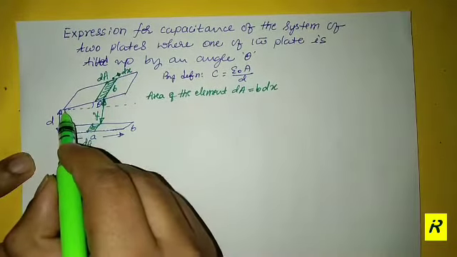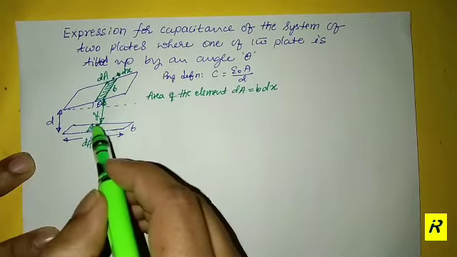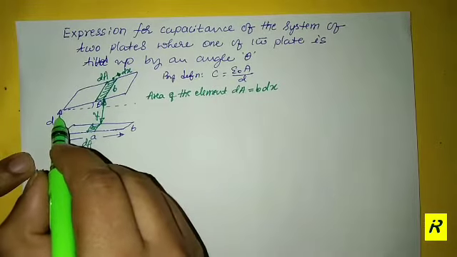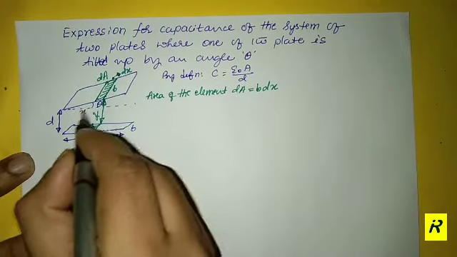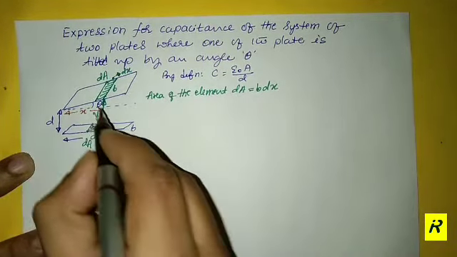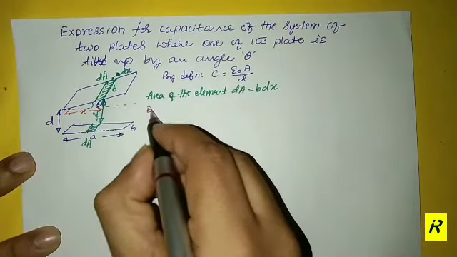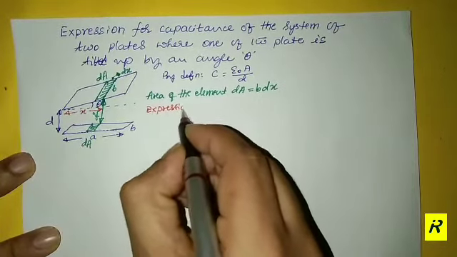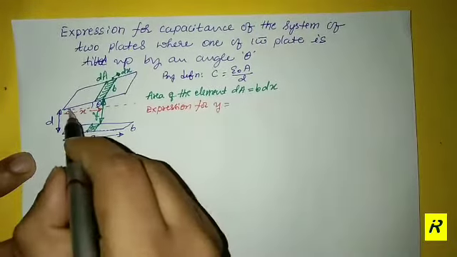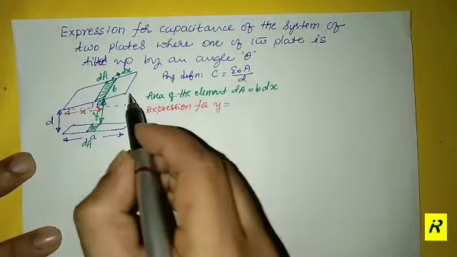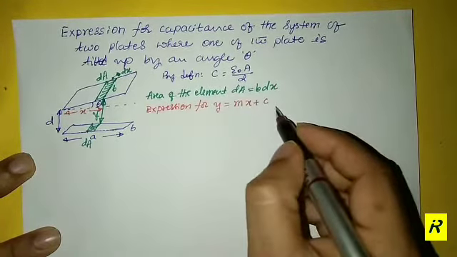Let us write an expression for this line at this position. Say this distance, measured from this edge to this position, is x. At that moment, the expression for y: it is a straight line that we are seeing at this edge, just like y equals mx plus c.